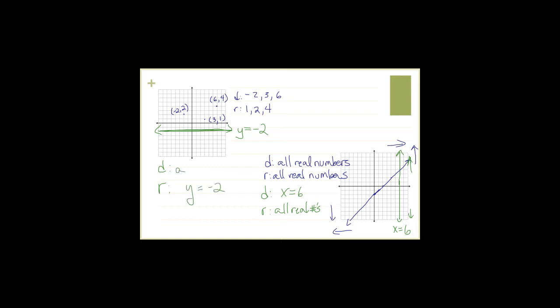The domain is all real numbers because it's going to keep going to the left and to the right forever. So it's going to contain all the x numbers as it gets bigger to the right, and all the x numbers that are negative in the negative direction, so all real numbers. So again, not terribly interesting to talk about that with linear equations.